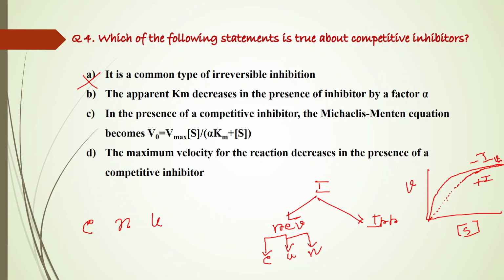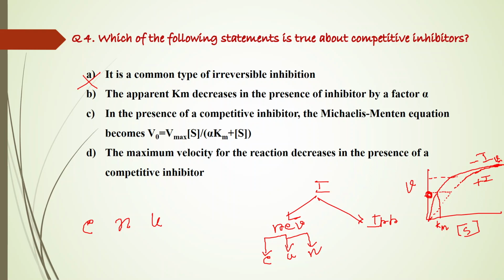And now what happened to the Km value then? So basically, this is your Vmax and half of Vmax will be somewhere around here. So without inhibitor, our Km value will be this, and as here Vmax is the same, so Vmax by 2 will also be the same.